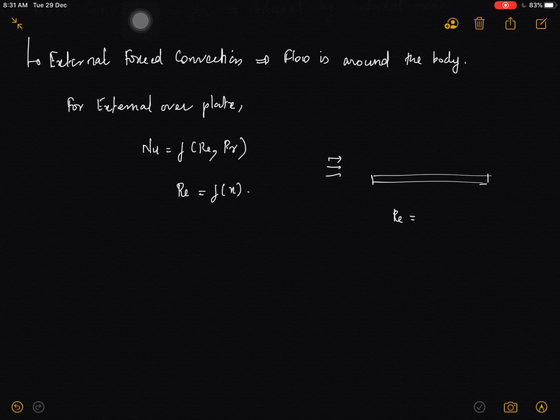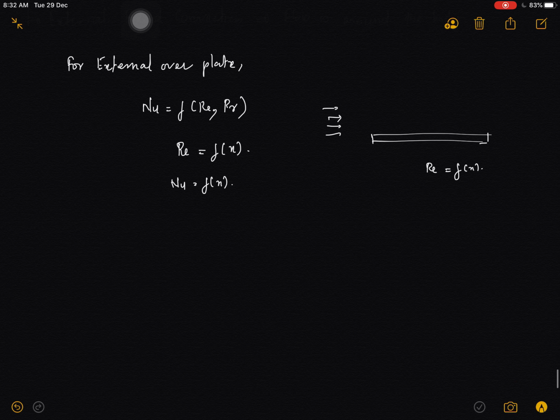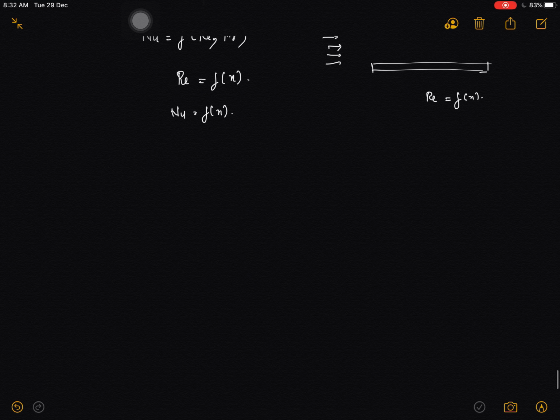For laminar flow, the Reynolds number is a function of the length over this particular plate. As the length increases, the Reynolds number value changes for external flow, and since this Reynolds number is a function of x, the Nusselt number is also a function of x, and therefore we define a term called the local Nusselt number, which is given by Nu x is equal to hx into x by k.